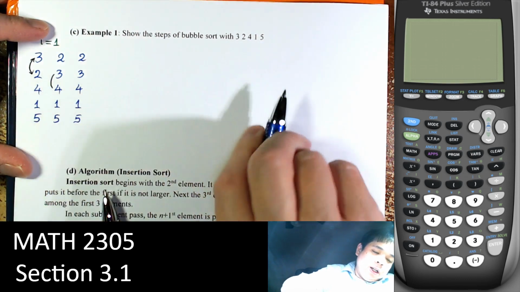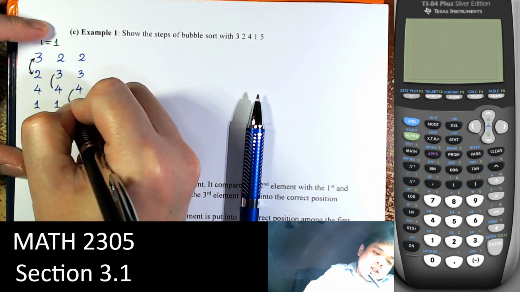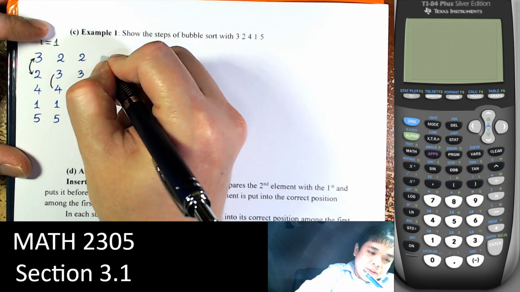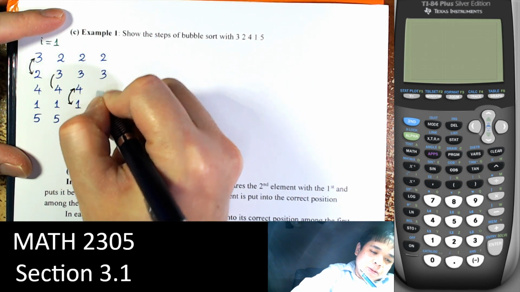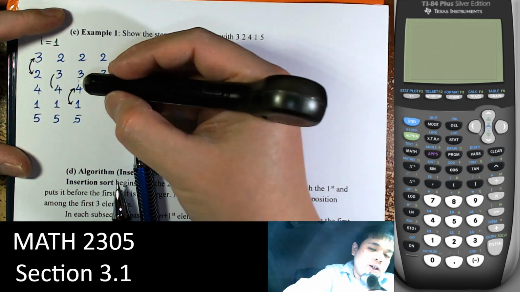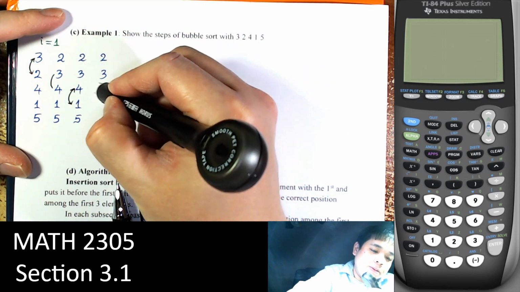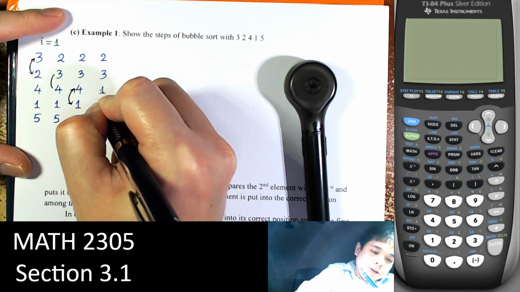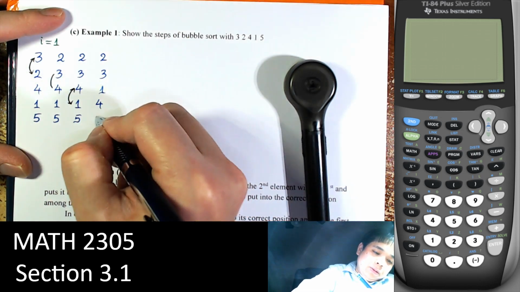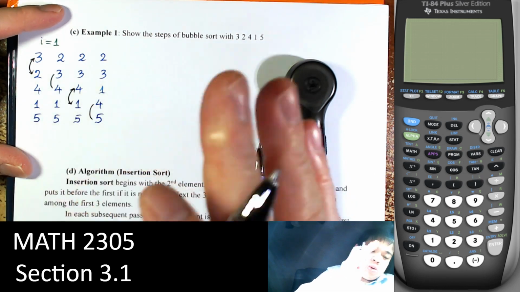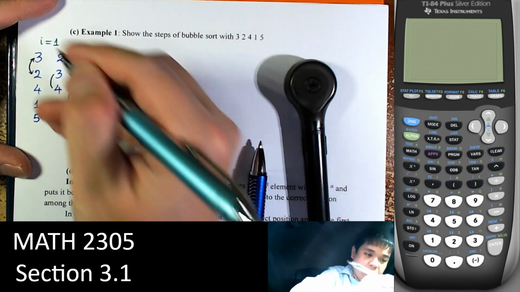And now we check these two. Well, they're not in the right order, so we have to interchange. And the last one is in the correct order, so we are done. So that is when i equals 1.